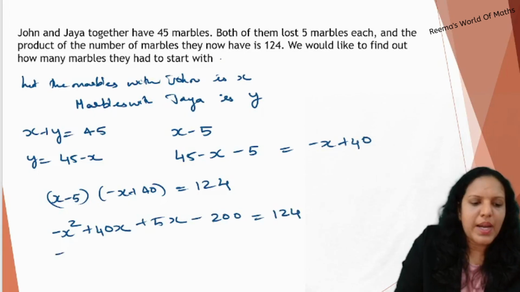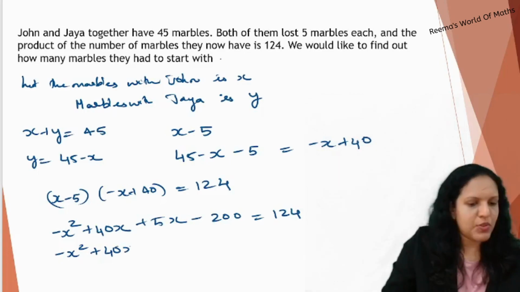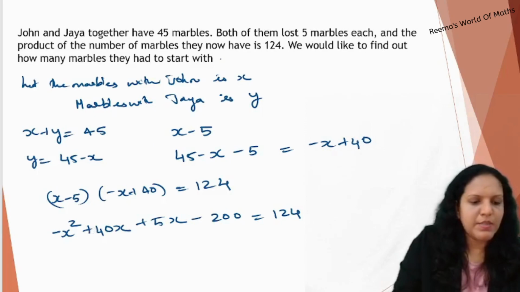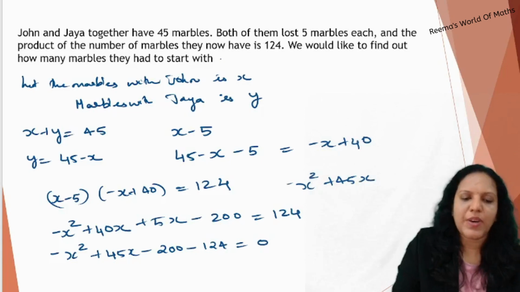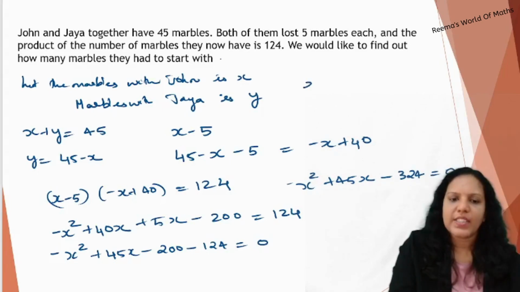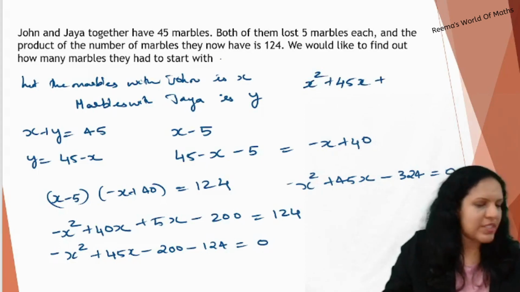So that will be minus x squared plus 45x minus 200 minus 124 equals 0, which is minus x squared plus 45x minus 324 equals 0.